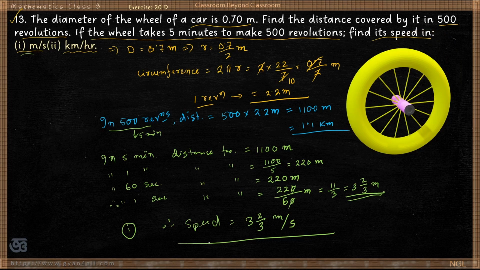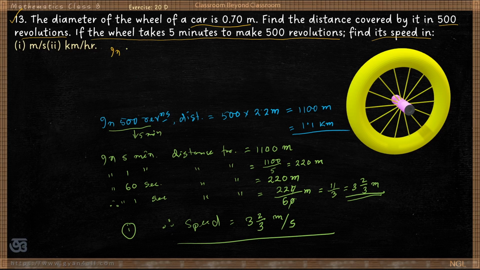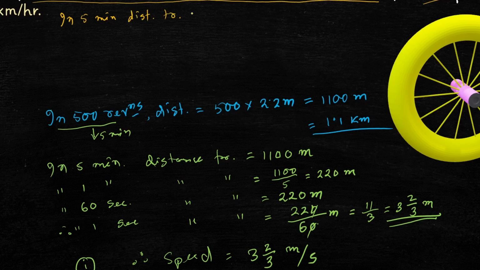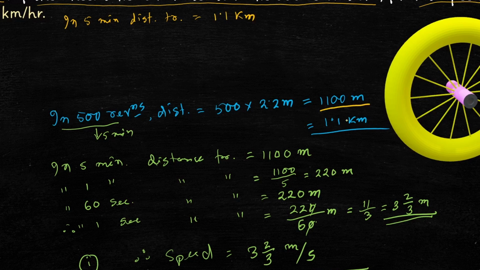Now we can express it in kilometer also. So how can we do it? Let us do it like this. In 5 minutes, distance traveled is 1.1 kilometer, since 1100 meter is equal to 1.1 kilometer.